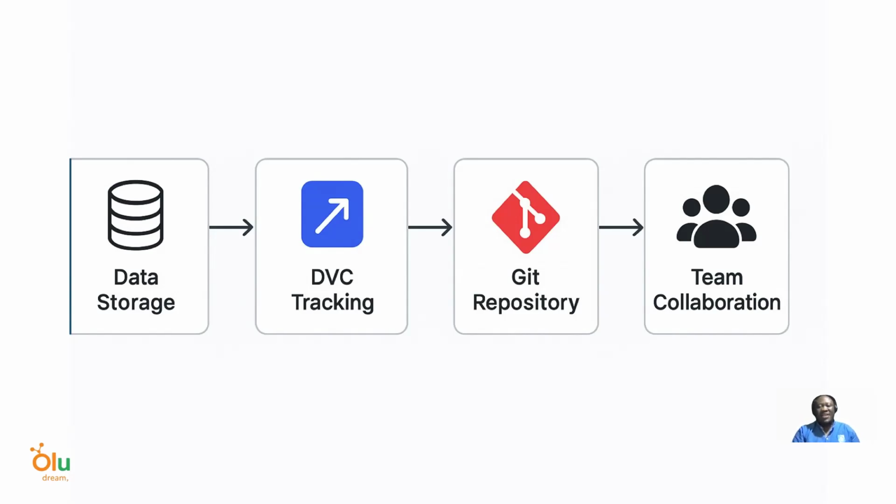This is just like a workflow of what your scikit-learn and transformer looks like. From data, we have our data stored somewhere. DVC tracks our data changes, and Git tracks both the data changes and the code changes. Then we can manage more things.